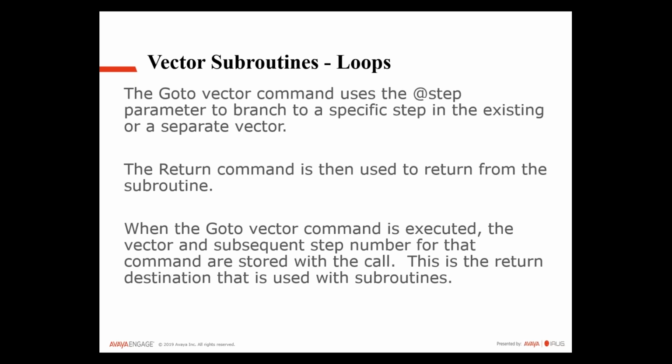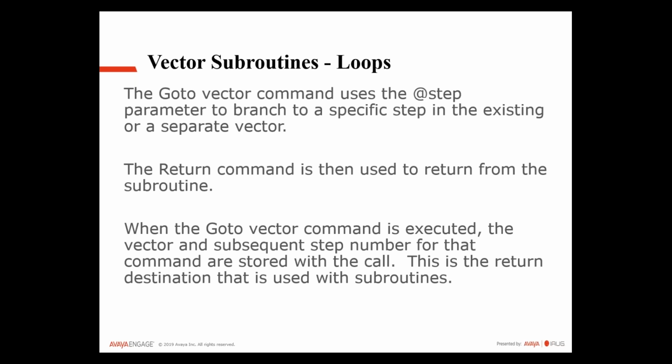I know that I'm using the same subroutine to check for time of day, business continuity, is anybody logged in? I'm using that same check for every single one of my teams. So if I use it as a subroutine, then I'm not troubleshooting a big long vector every time something might go wrong.